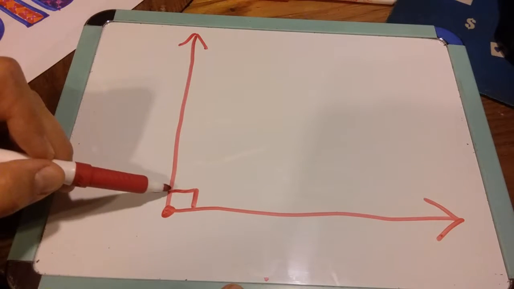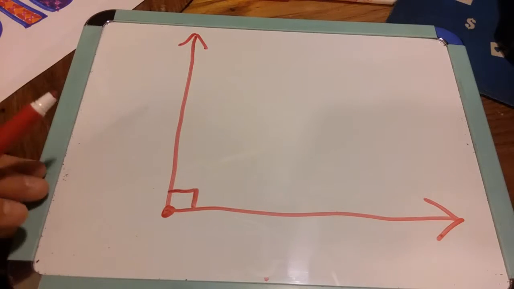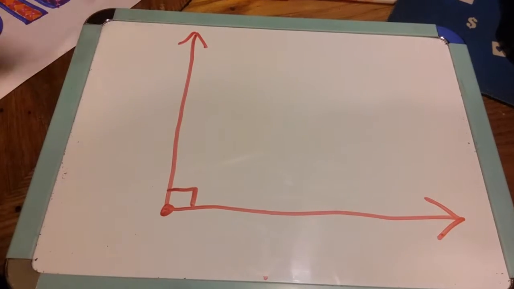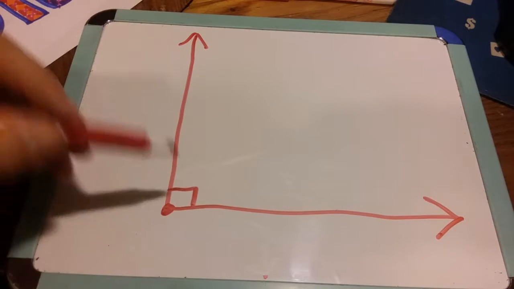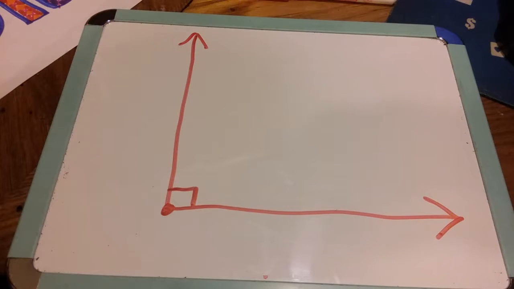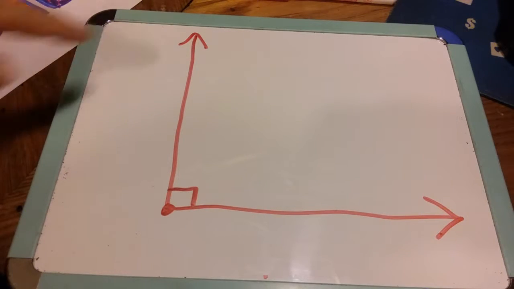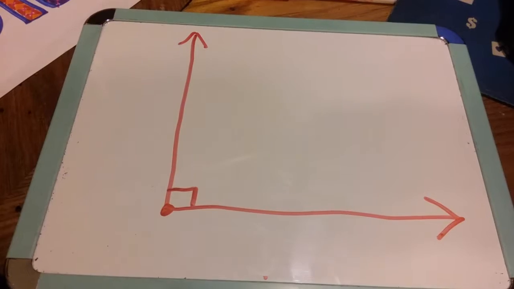This little box right here is a symbol that indicates 90 degrees. Even if what you drew is not a perfect 90 degrees, as long as you put that little box in there, you're telling people that that is a 90-degree angle. So we know that that is a right angle.